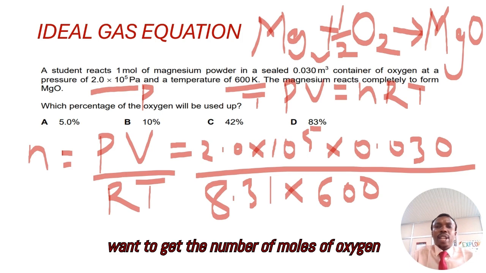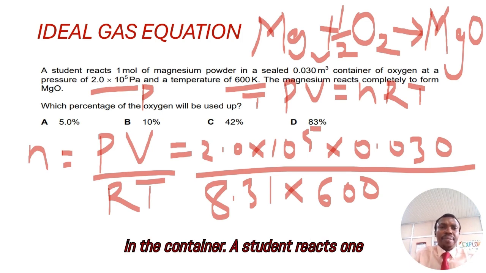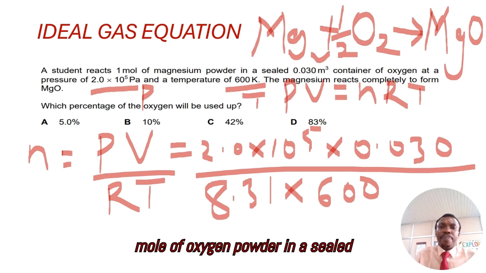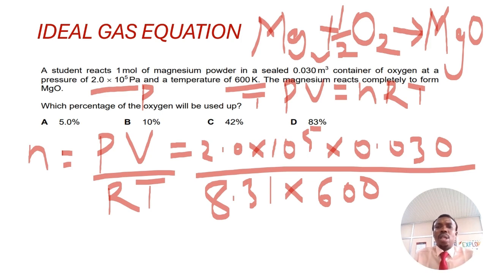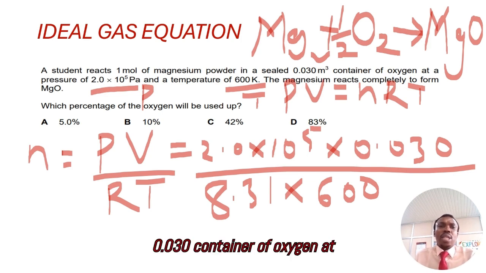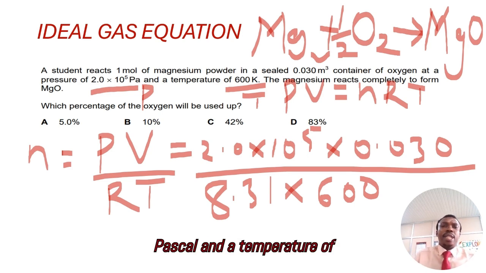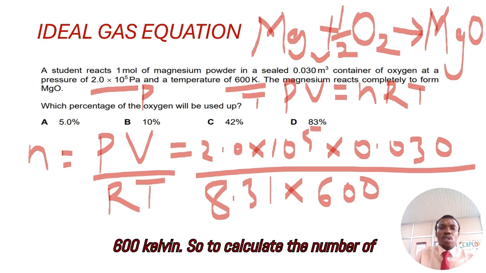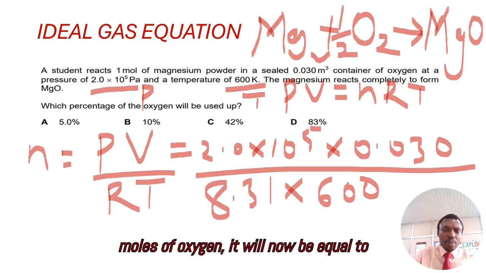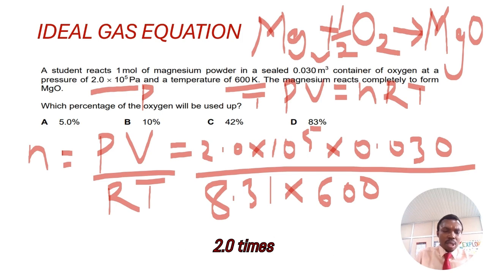So we want to get the number of moles of oxygen in the container. A student reacts 1 mole of magnesium powder in a sealed 0.030 container of oxygen at a pressure of 2.0 times 10 to the power 5 Pascal and a temperature of 600 Kelvin. So to calculate the number of moles of oxygen, it will be equal to 2.0 times 10 raised to the power 5, then times 0.030.